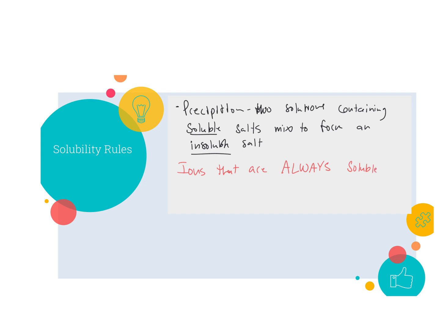These are sodium, or Na+, potassium, or K+, ammonium, or NH4+, that's one of our polyatomic ions, and nitrates, which is NO3-. If you ever see these in a reaction, these will always be soluble. You can essentially think of these as always being spectator ions in any reaction we're looking at.